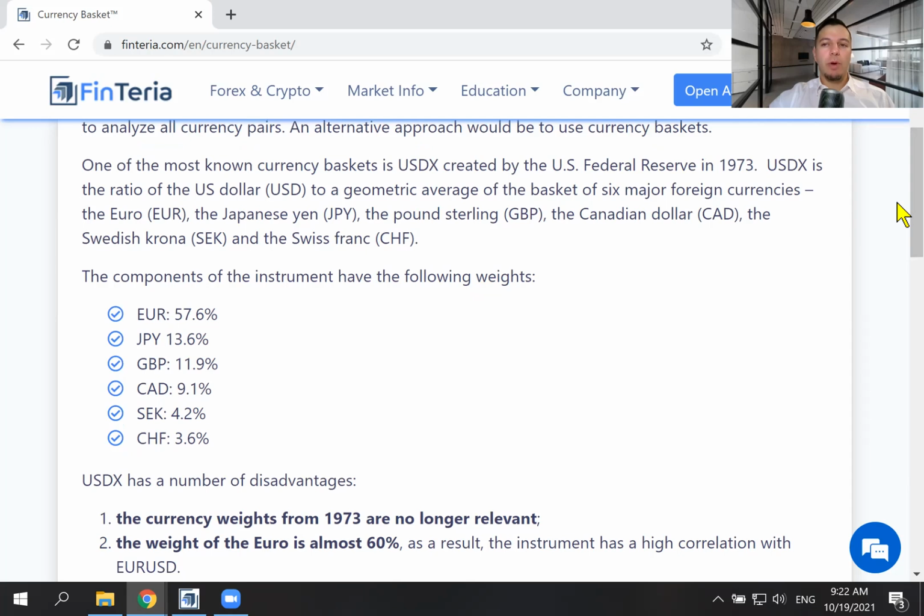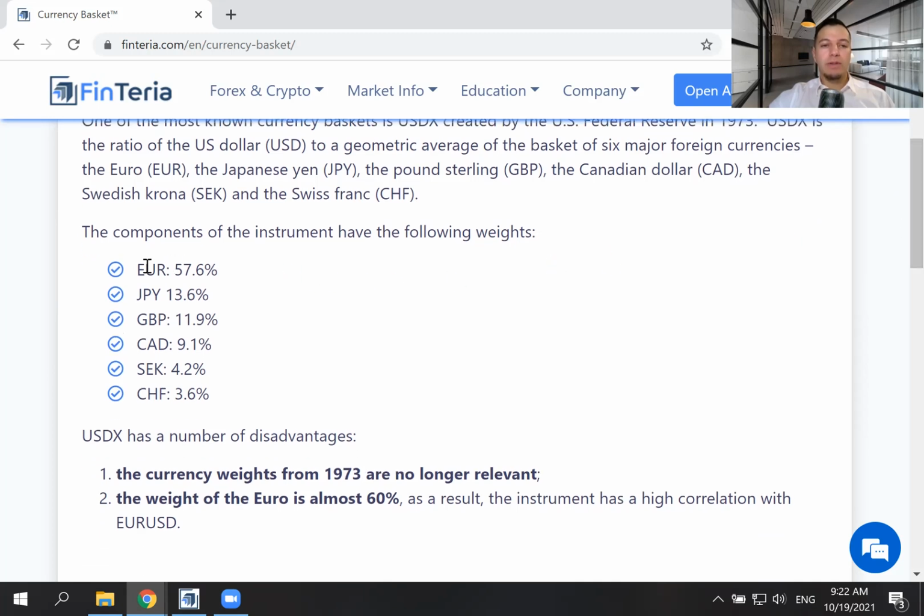It's still very popular and many traders prefer to analyze this instrument and also to trade. But you need to know that the components are only based on a few currencies and the euro dollar makes around 60%. So basically, when you analyze the US dollar index, you generally analyze euro dollar. And it's not really different.